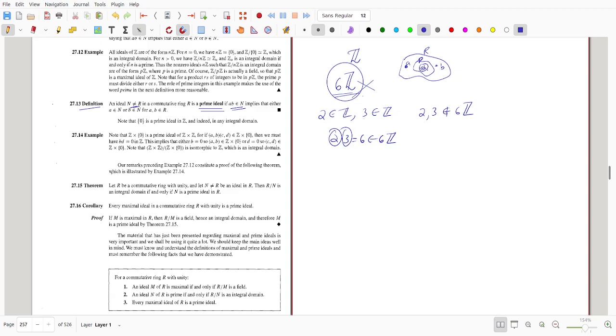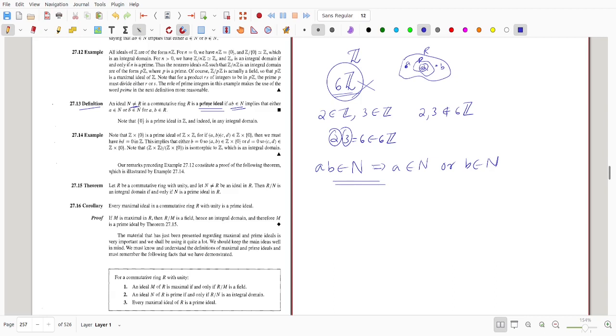A prime ideal is supposed to have this kind of property, that whenever a product AB is a member of that prime ideal N, then either A is a member of N or B is a member of N. Otherwise, this product will not be a member of N.